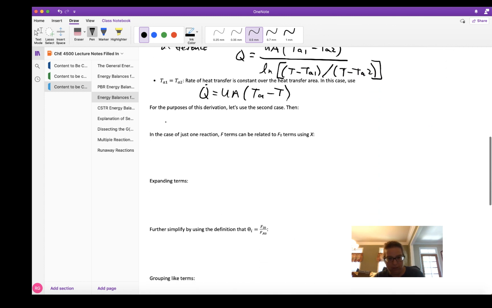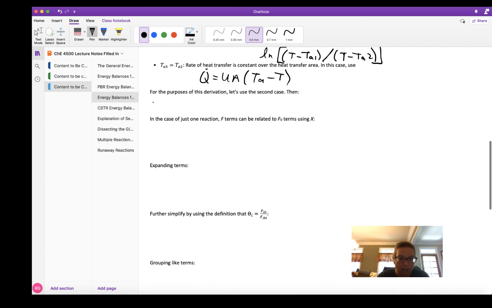So let's do that. We would have 0 equals the Q term, UA (Ta minus T), where T is the temperature of the reactor fluid, plus the sum of the flow rates times the enthalpies of formation of the stuff coming in. So we said A and B were coming in. So we would say FA naught, the inlet flow rate, times HA naught, plus FB naught times HB naught.